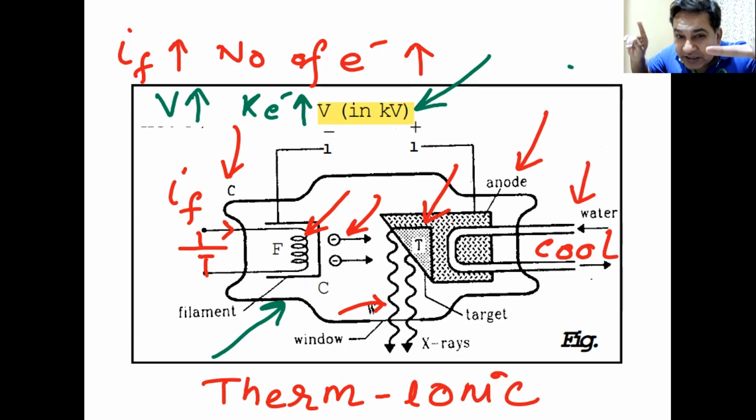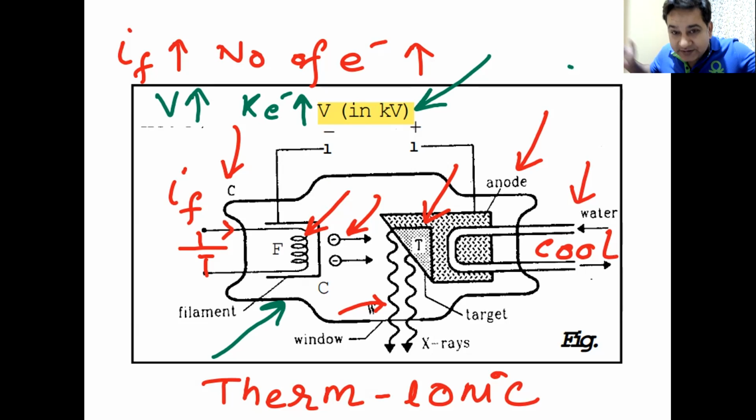Current I depends on the number of electrons. Does it make it easier for you to remember, or does it confuse you? I for intensity, I for current. There, intensity depends on the number of photons. Here, the current depends on the number of electrons.